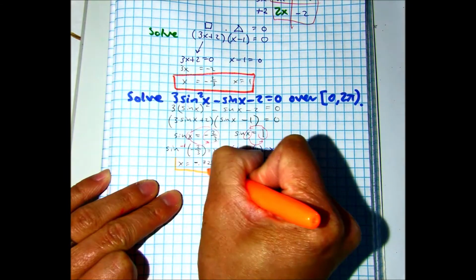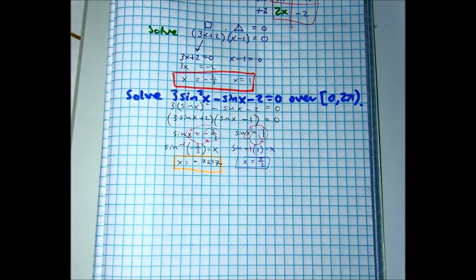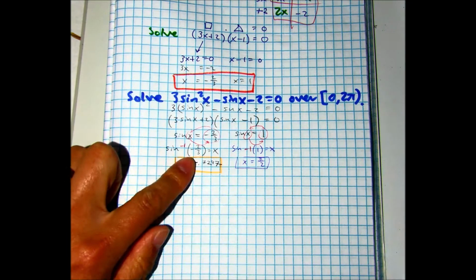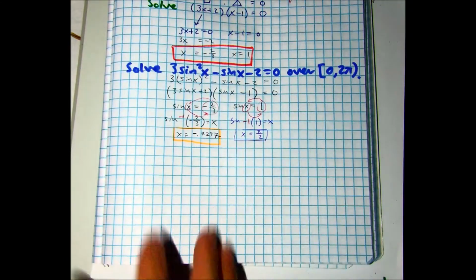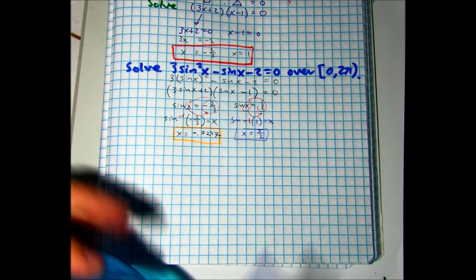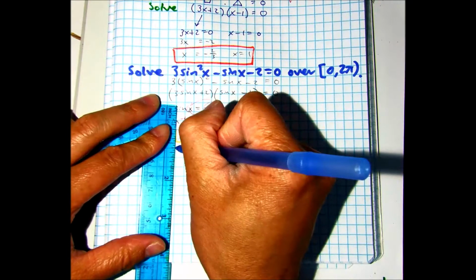This is essentially a reference angle. Okay, so let's think about this. Let's draw a unit circle. If you don't know how to draw a circle, just draw a coordinate plane.